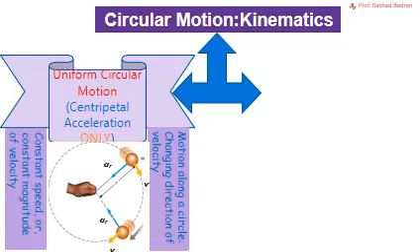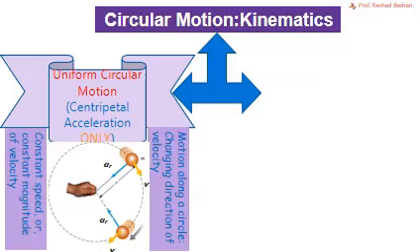Again, the change in the direction will make the velocity vector change, and the change in the velocity vector will cause an acceleration. The question you may ask: what causes this kind of motion to be uniform, and what causes this object to move and change its direction while keeping the magnitude of the velocity constant?